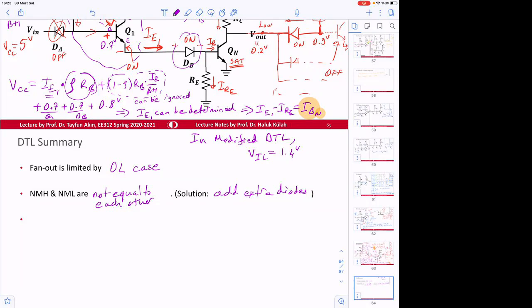I mean, if you look at it, you will be seeing this. Therefore, noise margin low is going to be 1.4 volt minus 0.2 volt, which is 1.2 volt.